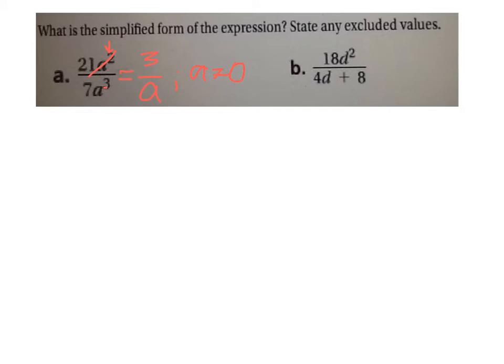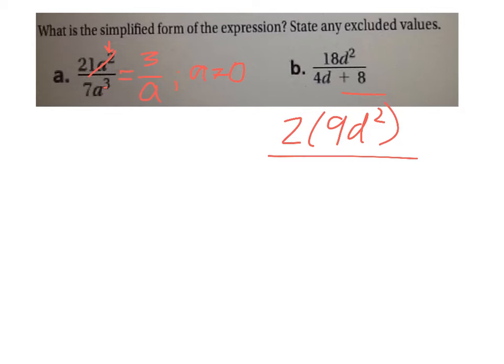The top one has a d, the bottom one has a d as well, but you can't cancel them because of the plus 8 on the bottom. You needed both terms on the bottom to have a d. So all that you can factor out that would match up in this one is a 2. So I'm going to rewrite the top as 2 times 9d squared, because 2 times 9 gives us our 18.